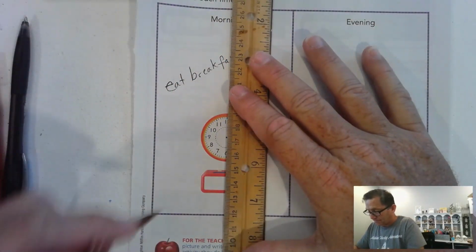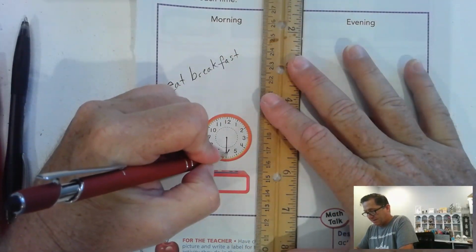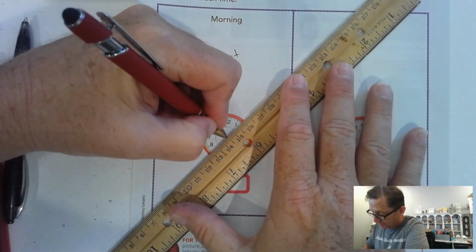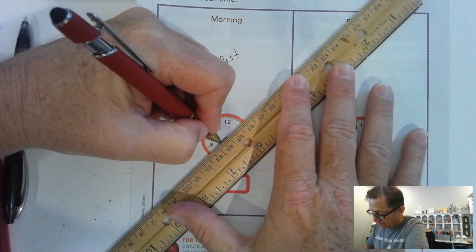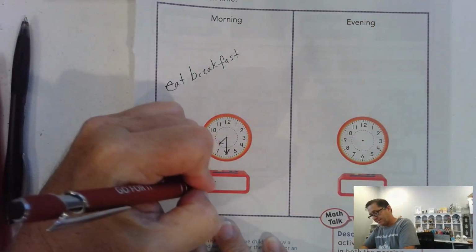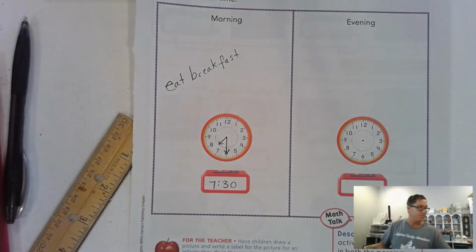So you would draw in the hands on the clock for the time that you're doing that activity. And then on the clock, the time, so 7:30.